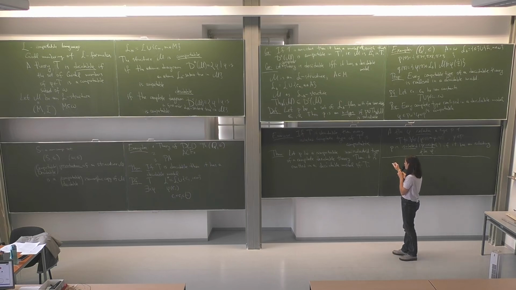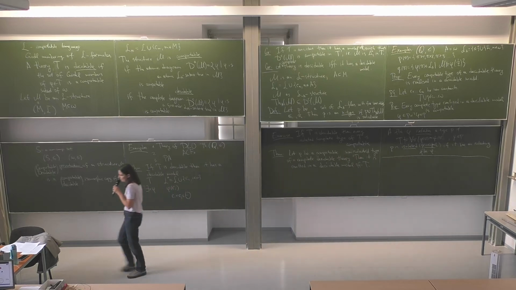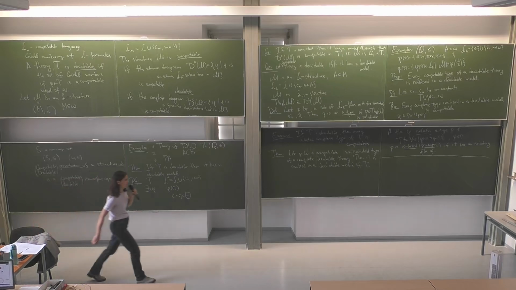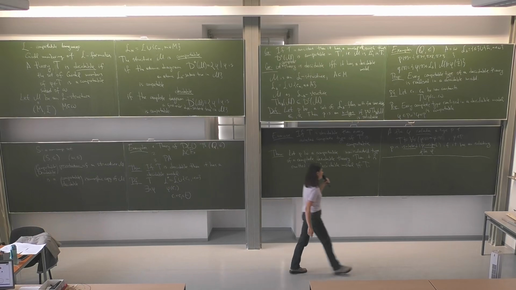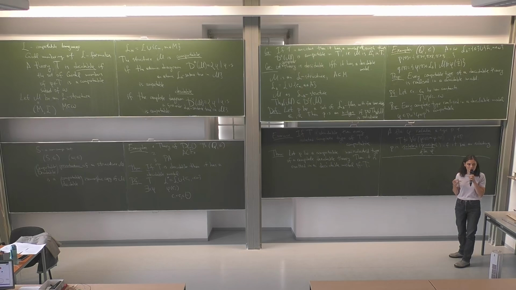If you know this classical result by Vaught, that if we have a theory that has at least two non-isomorphic countable models, then it for sure has a third non-isomorphic model.